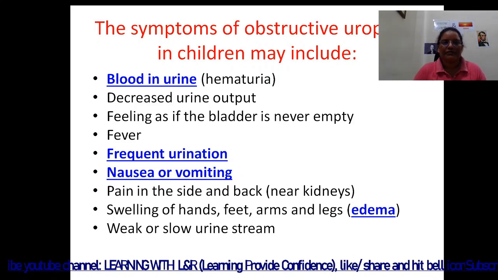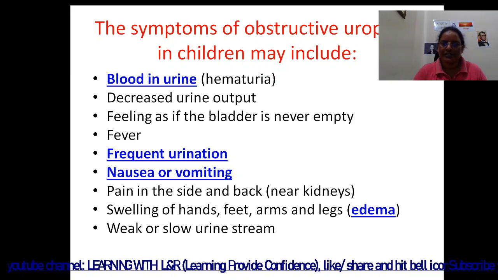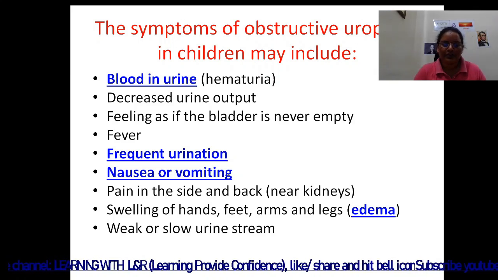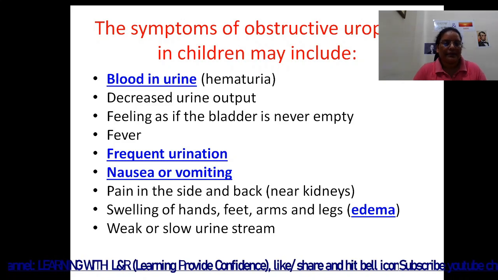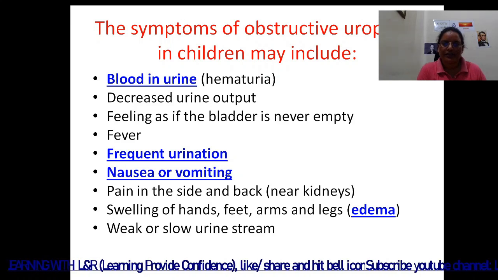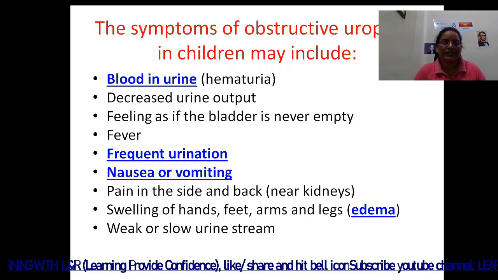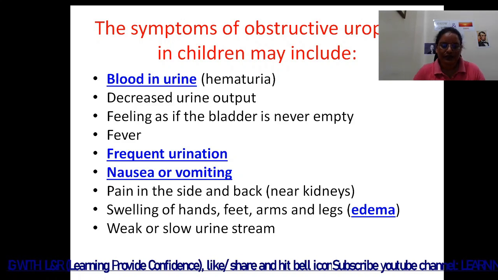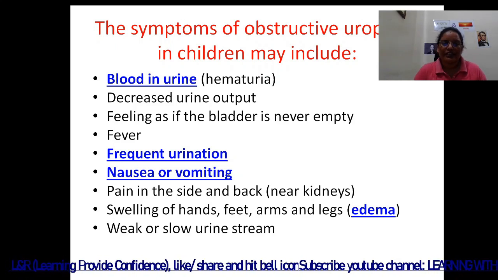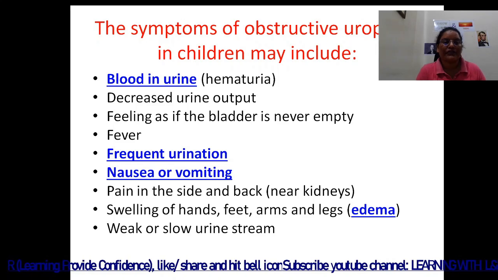Fever occurs due to infection, because when the normal flow is not there and backflow is there, the urine stays or stops in the kidneys or urinary tract. That time it causes infection, and infection causes fever.